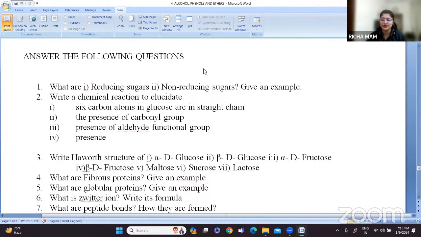Non-reducing sugars are those which do not reduce Tollens' reagent and Fehling's solution. The best example of a non-reducing sugar is sucrose. Remember this, it is very important.